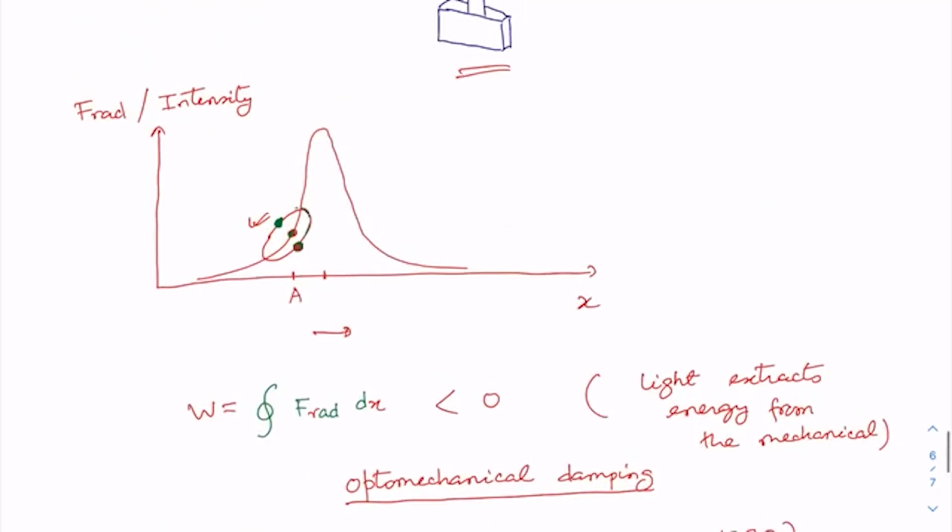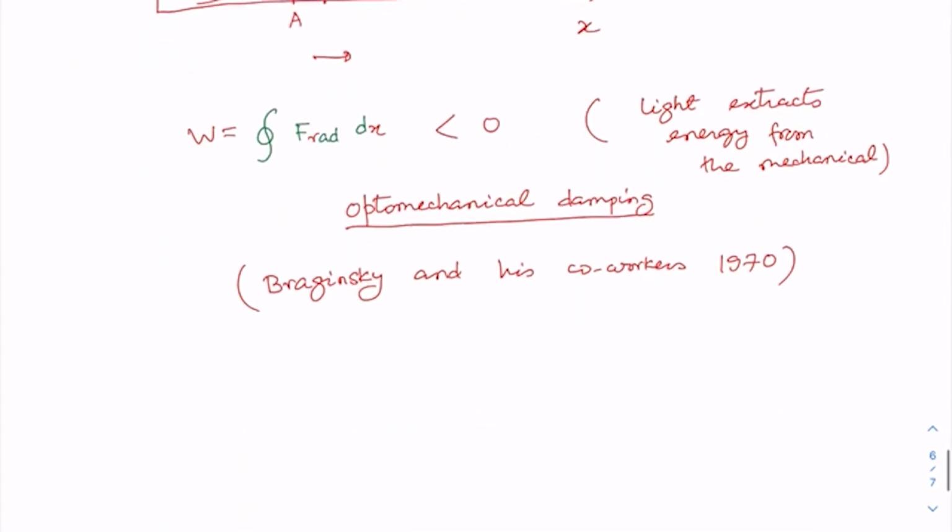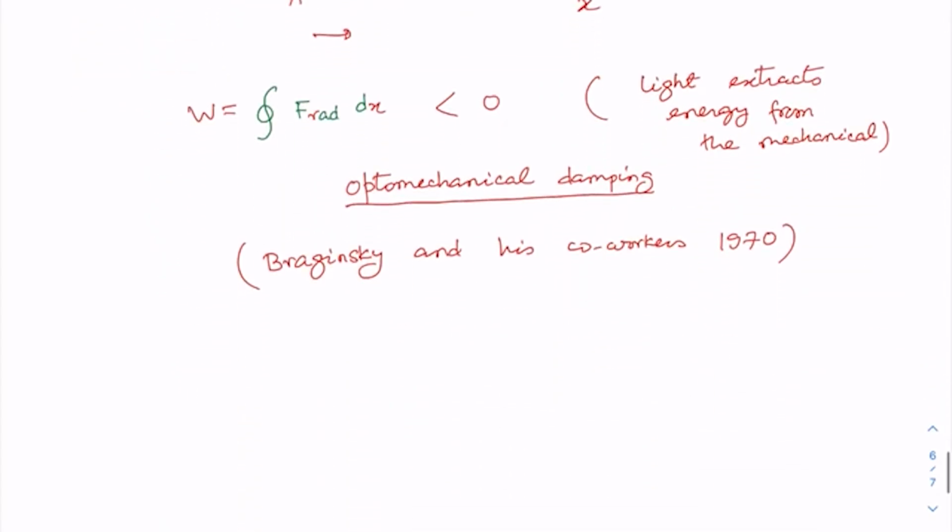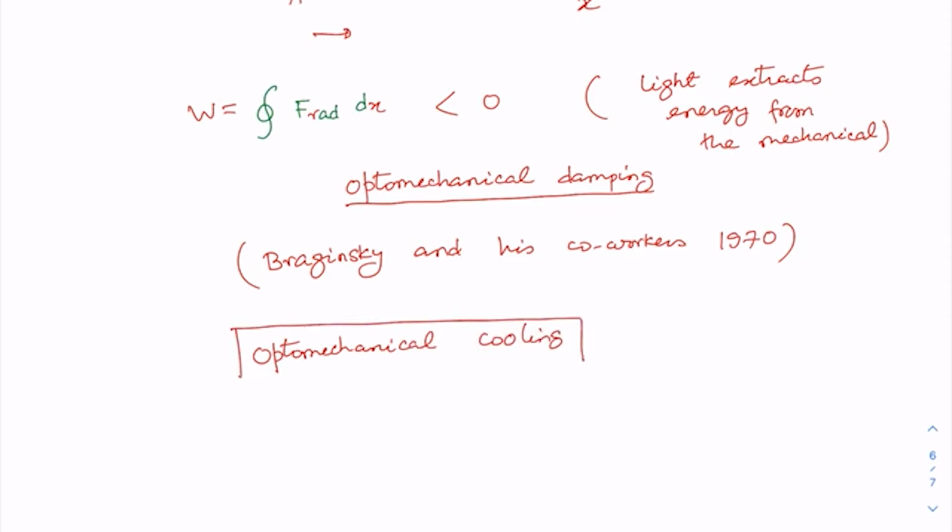So very simply, as we have seen, because the light is extracting energy from the mechanical mirror, as a result the mechanical mirror is getting cooled down, and this phenomenon is extremely important, and we will discuss it in great detail later on, also quantitatively, and this is called optomechanical cooling. It is a kind of laser cooling, in fact it is laser cooling.